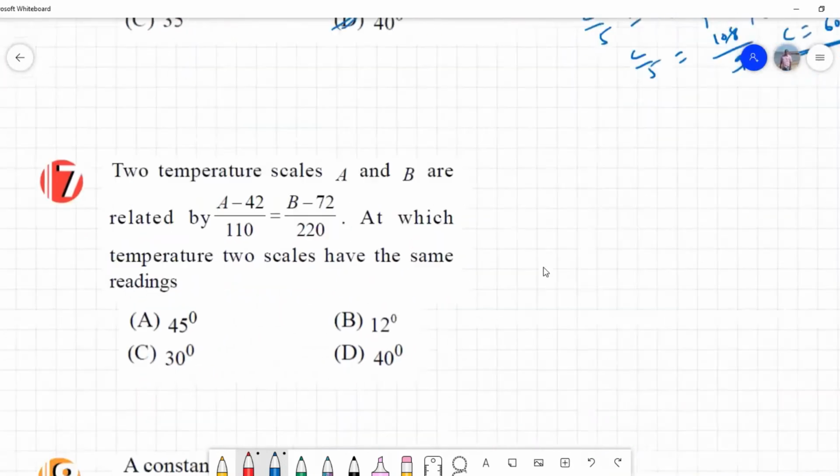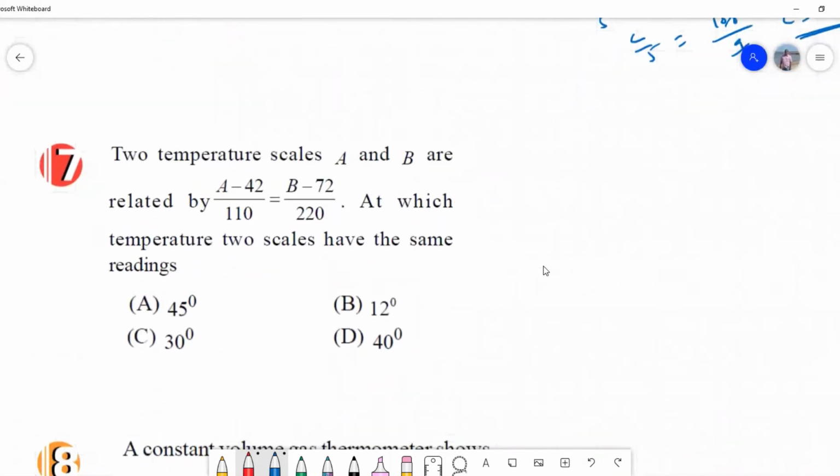Now let's go to problem number 7. A very simple problem. Two temperature scales A and B are related by A minus 42 by 100 is equal to B minus 72 by 220. At what temperature do the two scales have the same reading? Again, a simple problem. Simply take the equation A minus 42 upon 110 is equal to B minus 72 by 220.